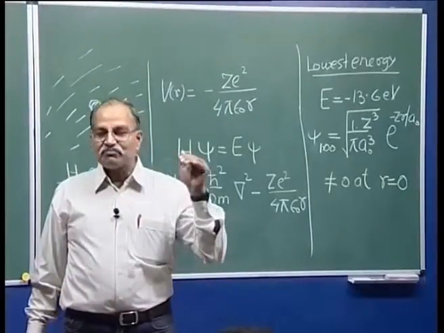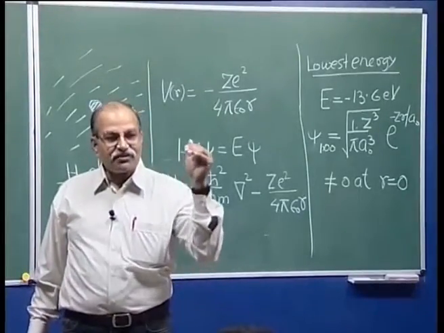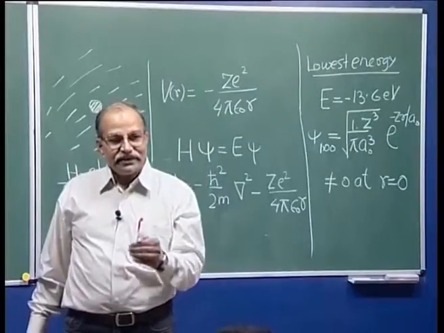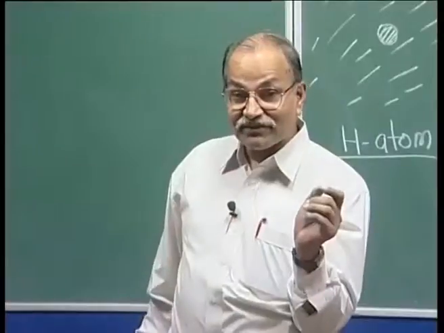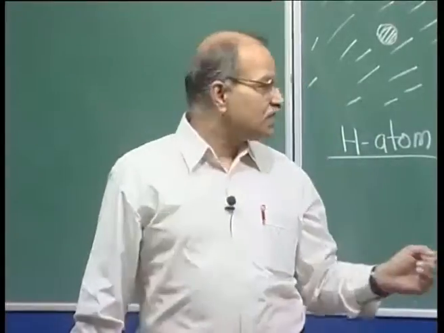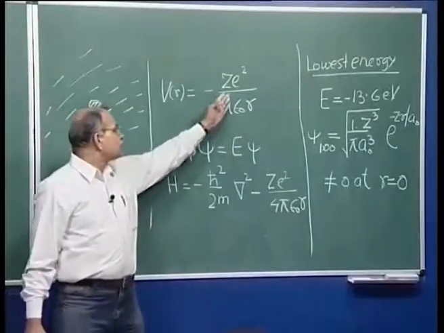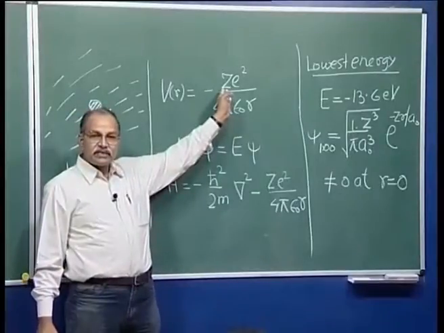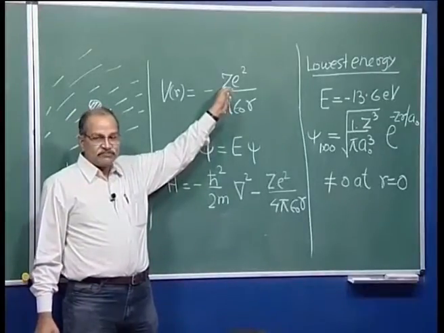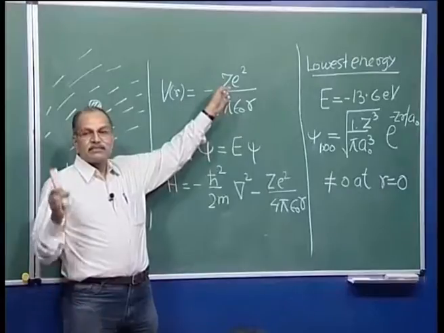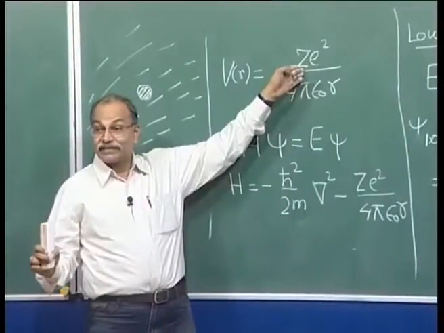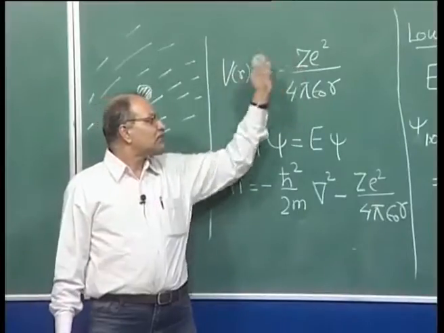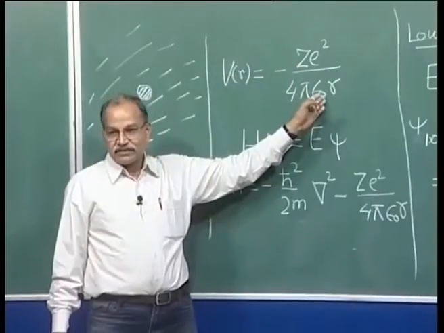If the electron is penetrating the nucleus, then any structure in the nucleus will affect it. Now, the Coulomb potential energy that you have written assumes that the nucleus is just a single mathematical point at the origin. That is why I have written it like this.